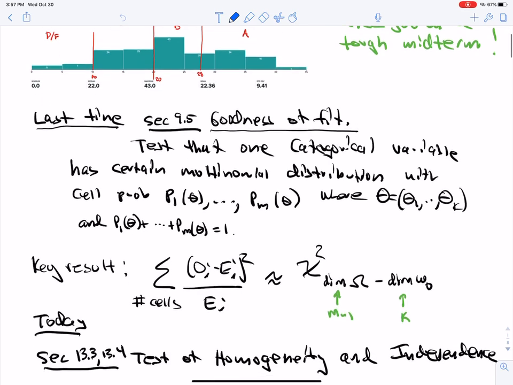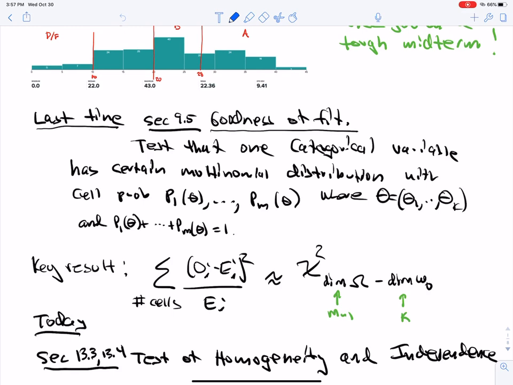Last time we were talking about goodness of fit. That's section 9.5. You'll notice that it seems like I might be jumping around a bit, but I'm doing the chi-square tests all together, so we'll also be doing sections 13.3 and 13.4, test of homogeneity and independence. The idea about goodness of fit is that you have one categorical variable that has a certain multinomial distribution with cell probabilities p1 to pm.